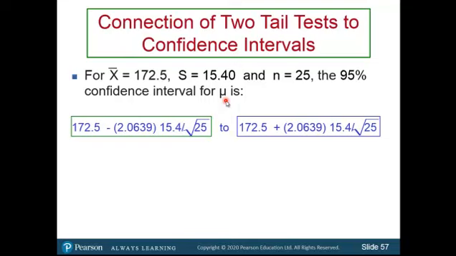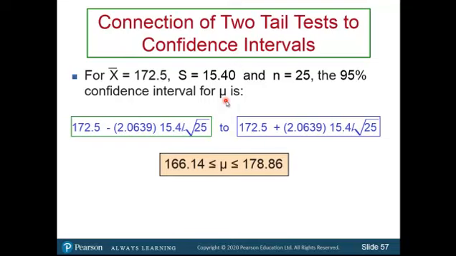Here we use the formula found in chapter 8 again: x bar minus or plus the t from the tables, times 15.4, the sample standard deviation, divided by square root of n, 25 the sample size.